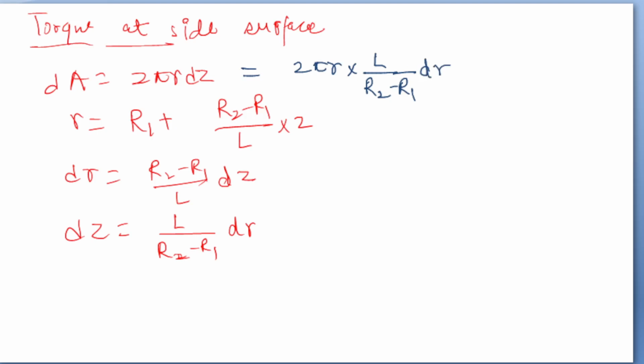So the torque on the side surface is the integration of mu omega by h, from r1 to r2, of r square into dA.